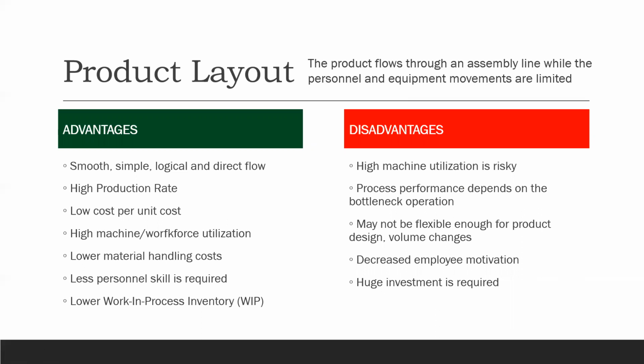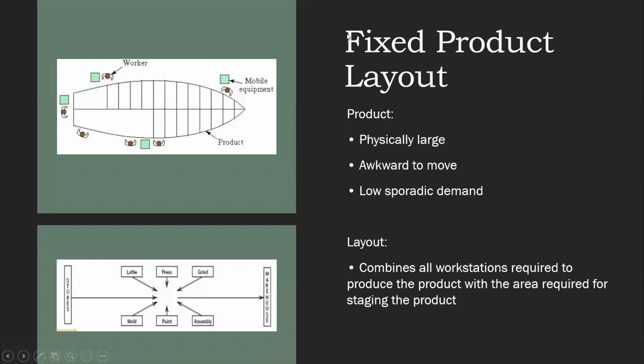So, even if yung isang machine natin ay gagamitin dun sa other process, other product line, hindi natin magawang ma-share. Kasi yun nga, ang ating manufacturing is designed for a product layout. Okay? Next, for the fixed product layout, yun nga, fixed.